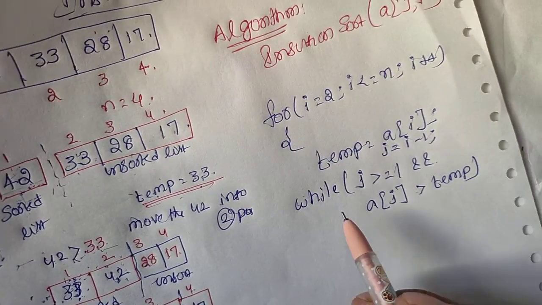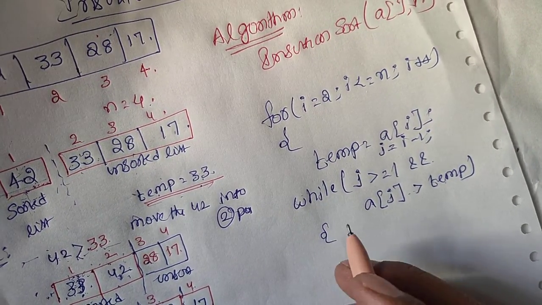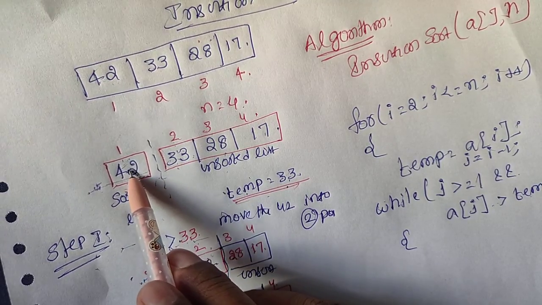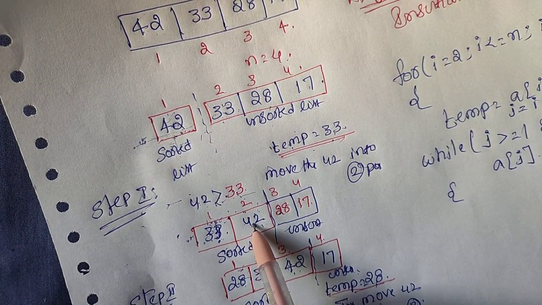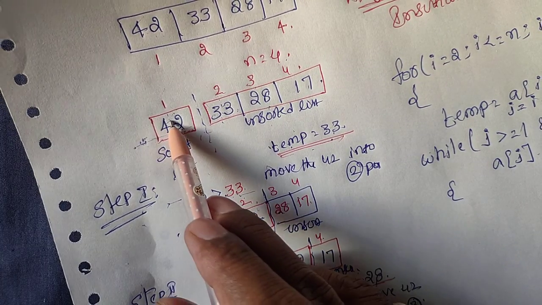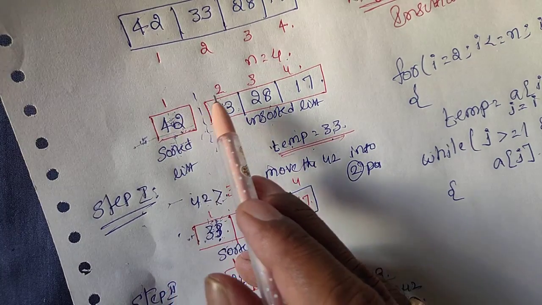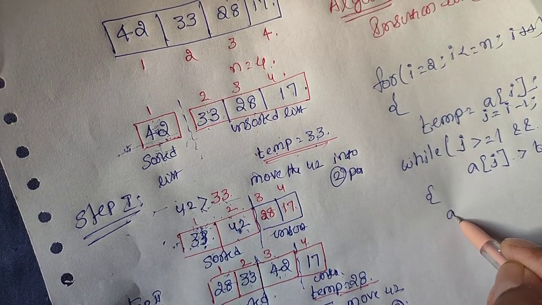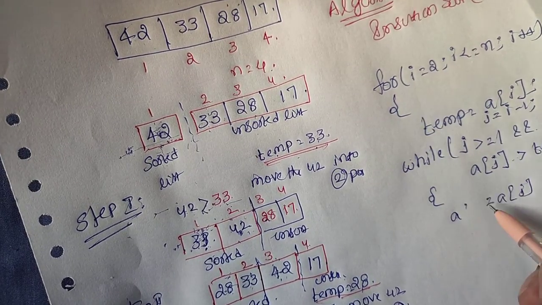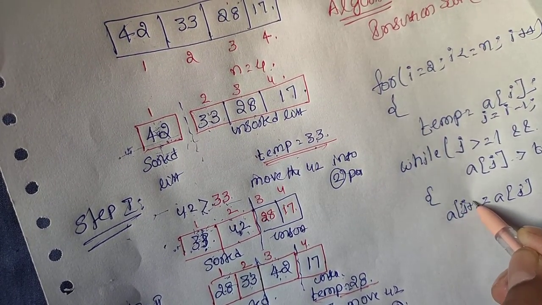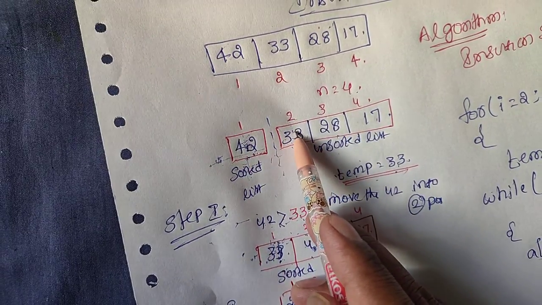Here 42 will be stored in the second position. This is the first position value storing in the second position. That means we write a of j will be stored in a of j plus 1.